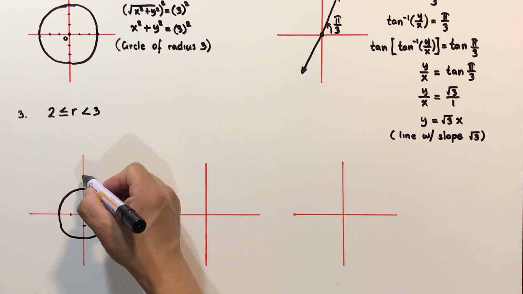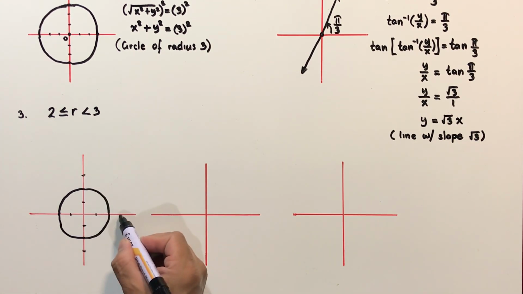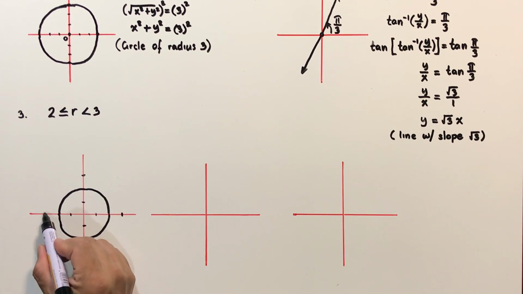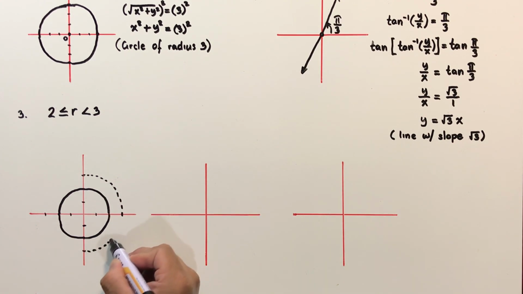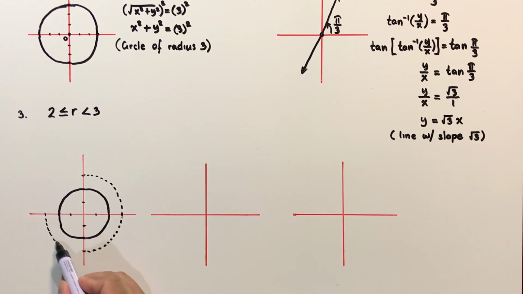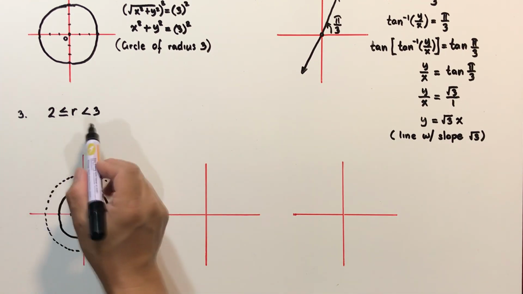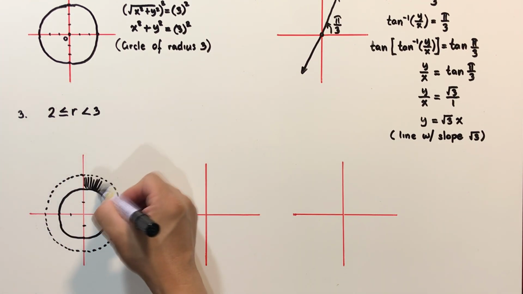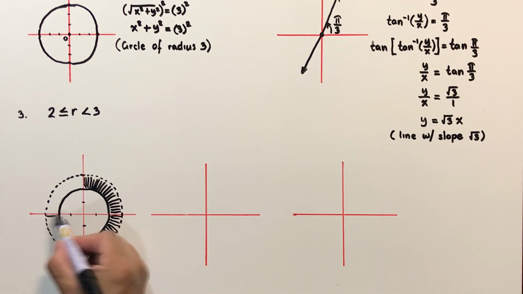And also you will move 3 units upward, 3 units downward, 3 units to the right, and 3 units to the left, and then connect this one also to form a circle of radius 3. So the graph of this is this one. So I will shade here, this one.